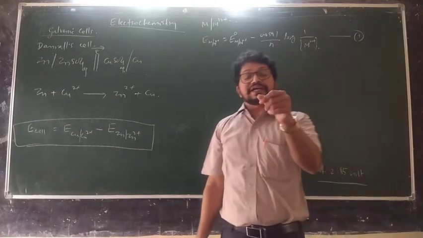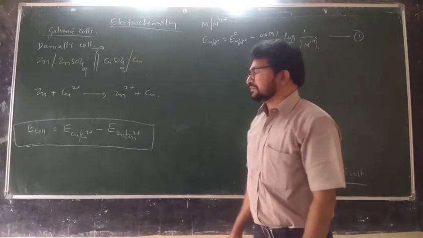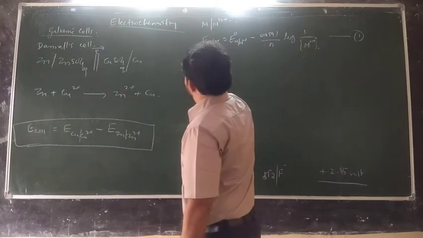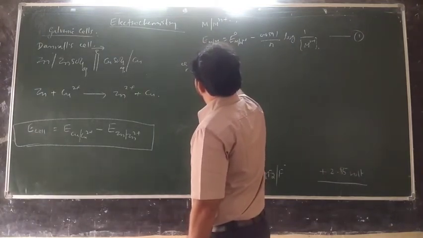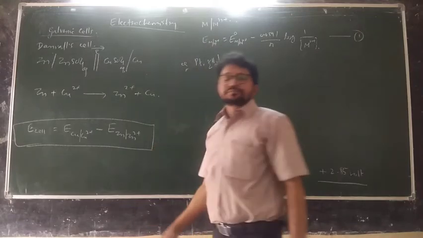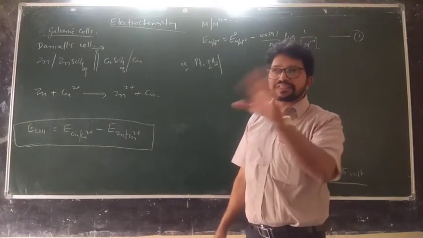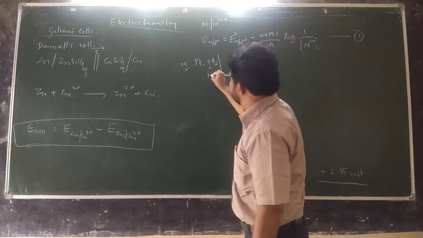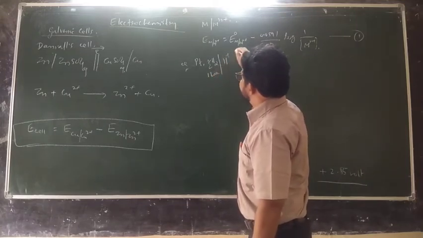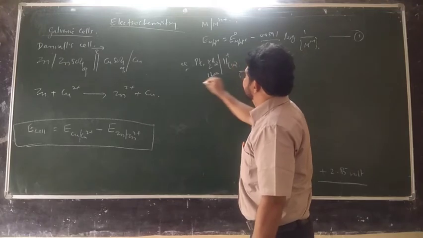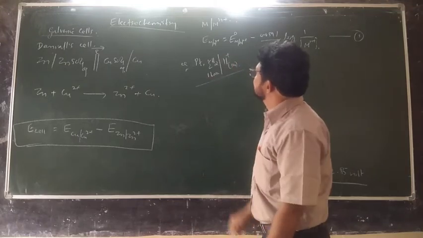Look here, for hydrogen what do you write? For example, the hydrogen electrode is: over the platinum foil, hydrogen gas has been adsorbed at 1 bar pressure, and that is in contact with hydrogen ion, which is 1. For this, what do you write?